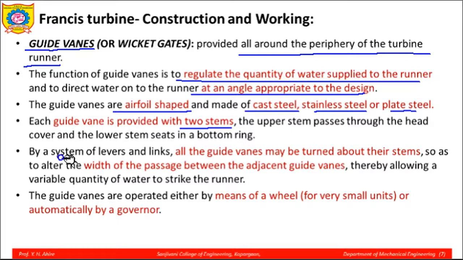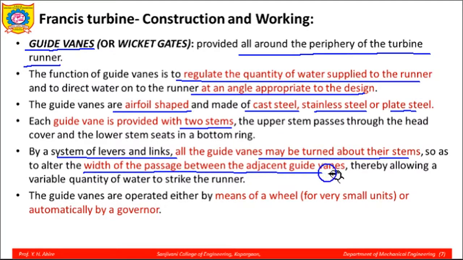By a system of levers and links, all the guide vanes may be turned about their stems, that is, about their hinge points, so as to alter the width of the passage between the adjacent guide vanes, thereby allowing a variable quantity of water to strike the runner.